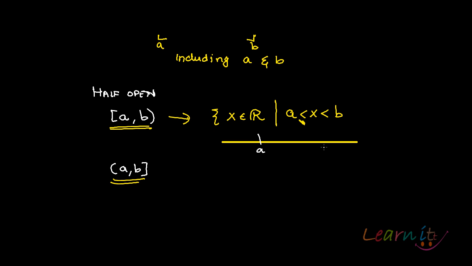This is A, this is B. It's including this endpoint, not this endpoint. So all the numbers herein are in this interval including A.